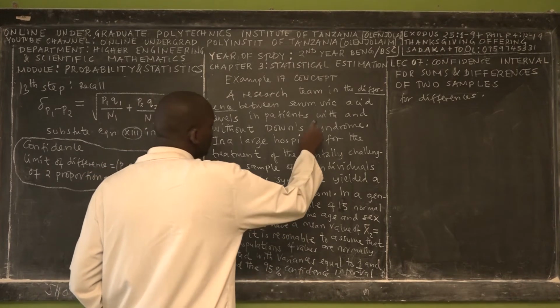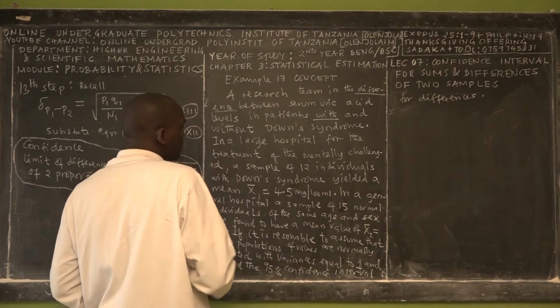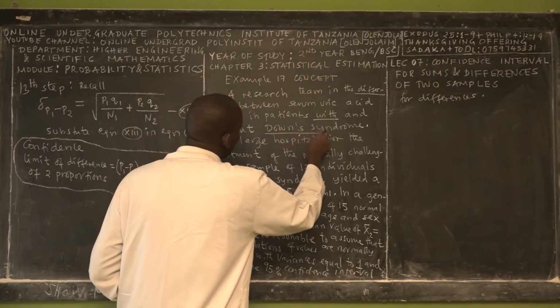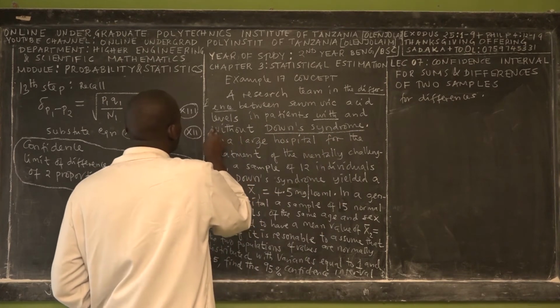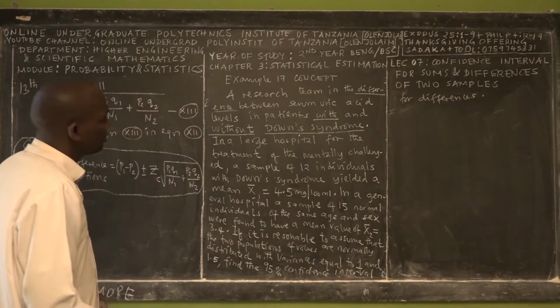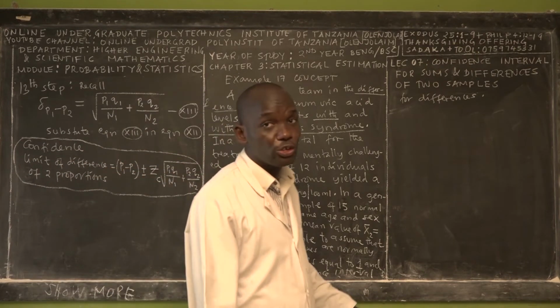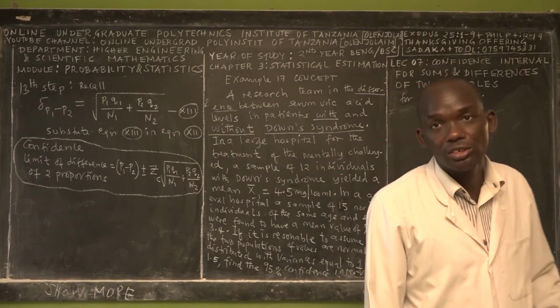There are 2 groups of patients: patients with Down syndrome and patients without Down syndrome. They did research in 2 hospitals, a large hospital and a general hospital.